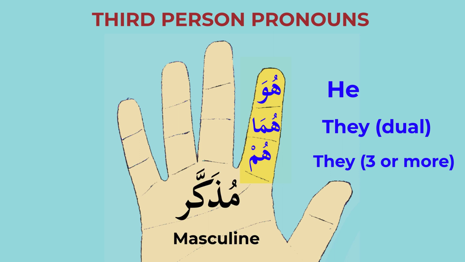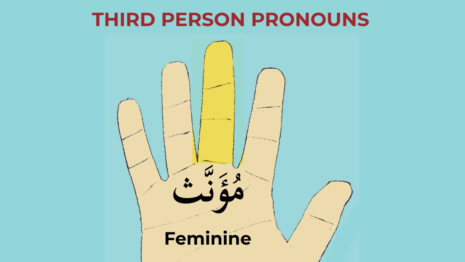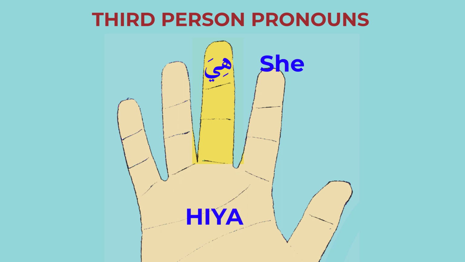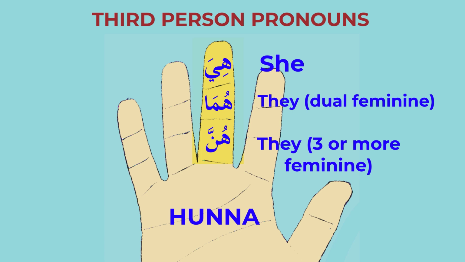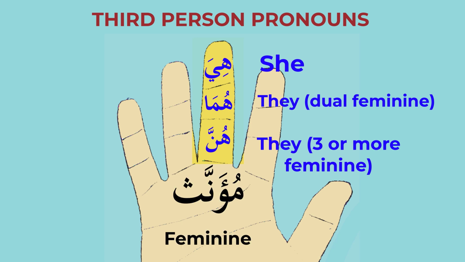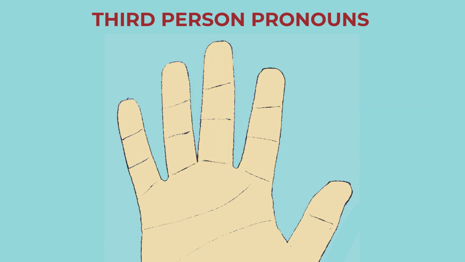We call it mudhakkar. And then we come to muannas, and it becomes hiya, and then huma again, and then hunna. Are you with me, brothers and sisters? Muannas, feminine.